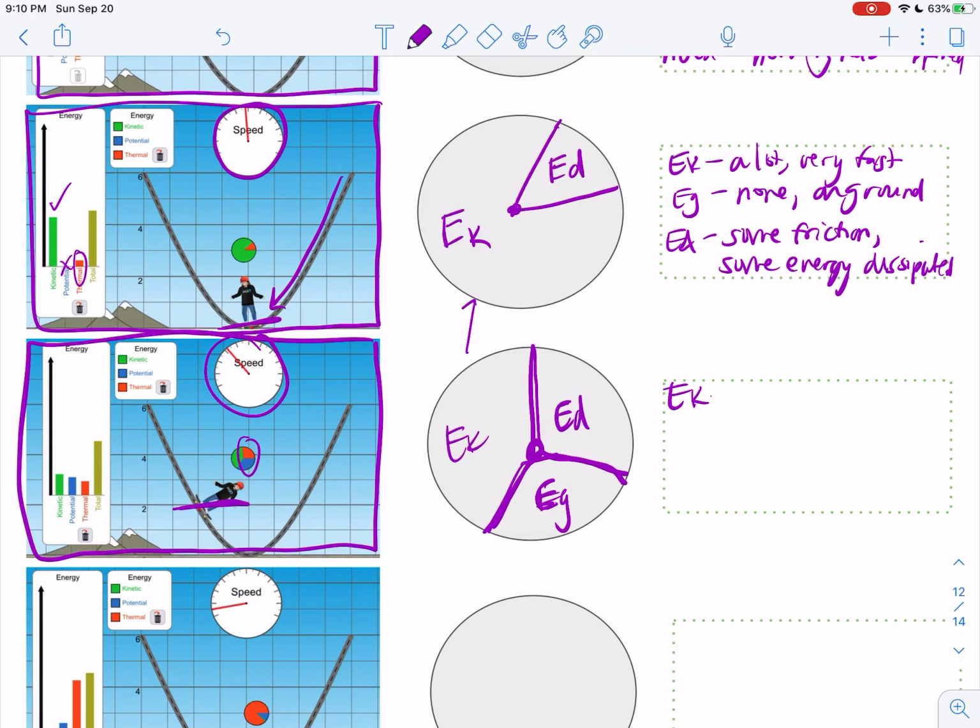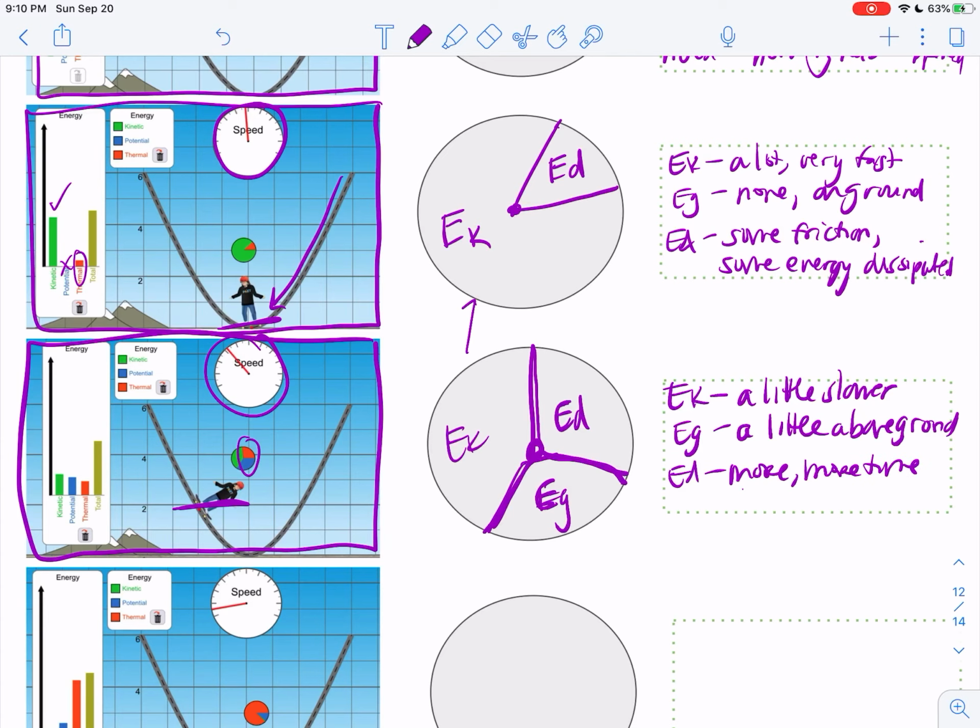So EK: he's a little slower, but moving. EG: a little above ground, not as much as before. ED: more time has passed, more rubbing on that surface, so that's going to generate more in the ED category.